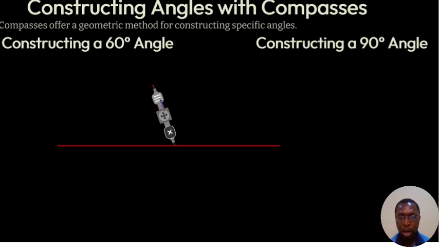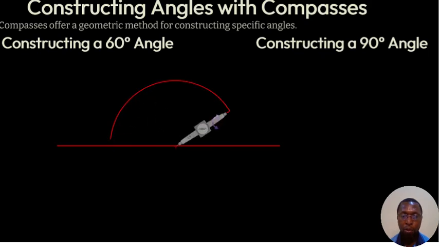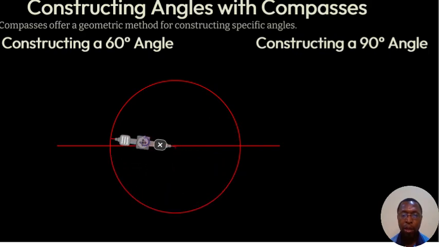Having done that, you can choose to draw a complete circle using your compass like this. The other time we drew just a semicircle. You can draw a complete circle like this.